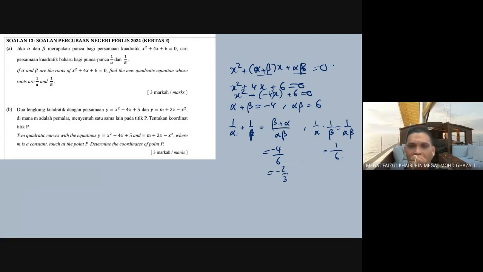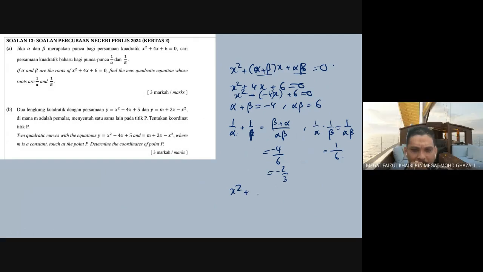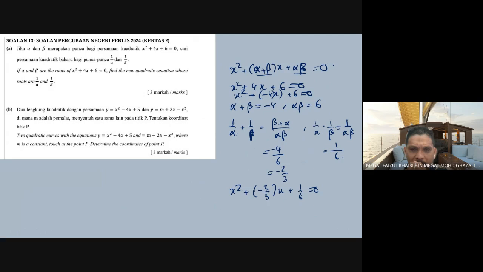So x squared, minus the sum, negative 2 over 3, x, plus the product, 1 over 6, equal to 0. Is it positive here or negative? Because the first equation is x squared minus (alpha plus beta) x.